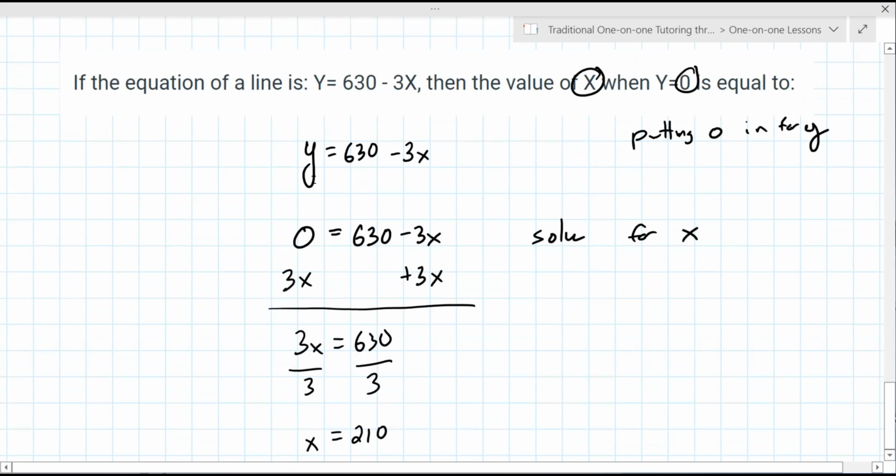You're welcome to check, but it's pretty straightforward. Now it could be the other way. They could say, the value of y when x is 0, and you have to put 0 in for x. So it depends on the problem.